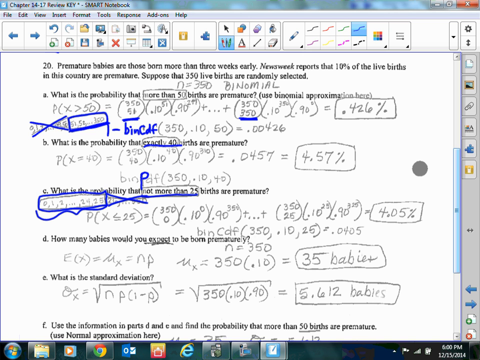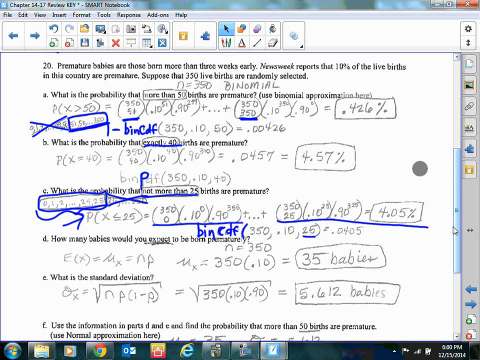So the calculator will do the correct accumulation for me when I just do straight binomial CDF 350, comma, 0.10, up to and including 25. Notice your work is this way: 350 choose 0 plus dot dot dot 350 choose 25. That ends up being 4.5%.